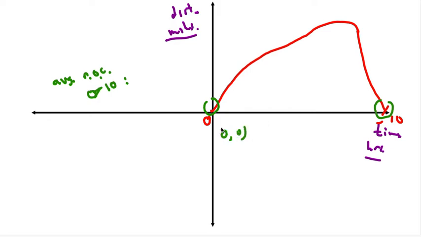Now if you find the slope there, that, by the way, is going to be 0 minus 0 over 10 minus 0, which equals 0. Well, think about it carefully. The average rate of change is what? Well, did you change over that whole interval? No. So the average rate of change over that whole time is actually nothing.